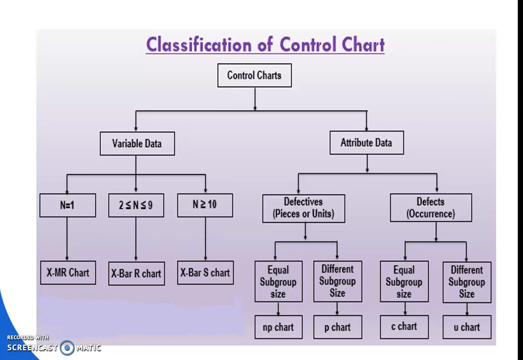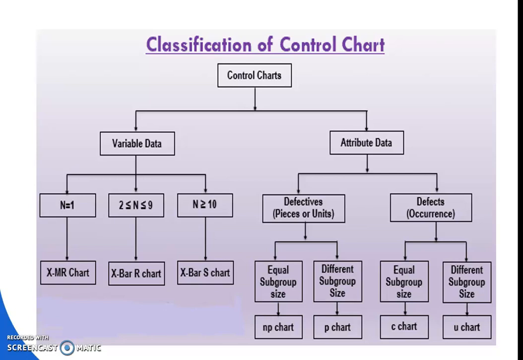So if the information is related to appearance or defects, two types of charts are used. One is defectives, where the fraction of defectives will be collected. Another is where the number of defects will be collected.